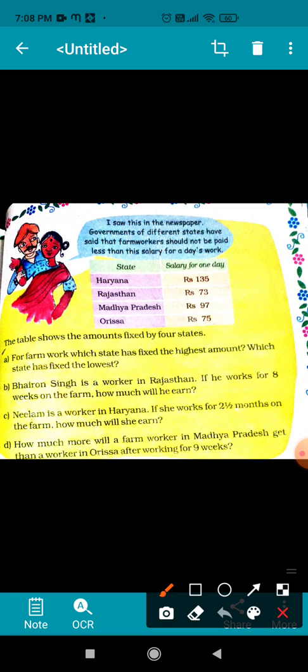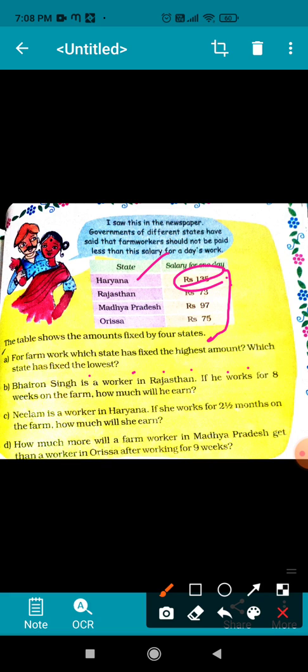First one is, for farm work which state has fixed the highest amount? Here if you see the table, you can see this amount is the highest among all, and this amount is given in the state of Haryana.